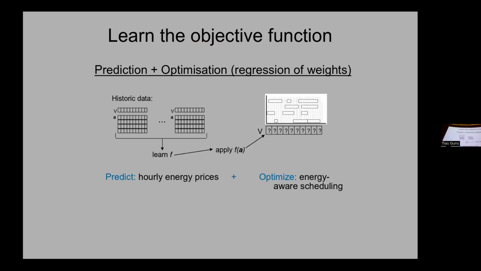For each of the time points of the coming 24 hours, so 24 predictions, we have to predict what the hourly energy price will be for that hour. Then we need to solve a price-aware scheduling problem where we have a number of jobs that we can distribute over different machines so as to minimize the expected energy price.